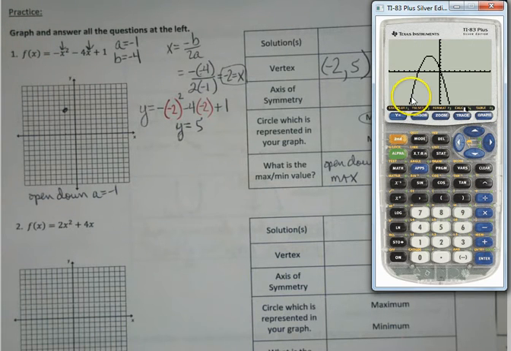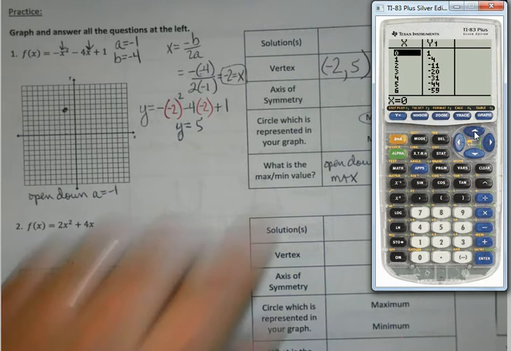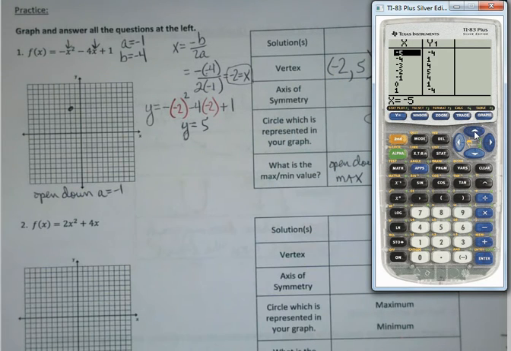So I look at my picture, I'm like, yep, it's opening down just like I thought it would before we ever looked. Looks like my vertex is in about the right place here, but let's find out. If we look at the table, if I get this -2 in the middle, I should see symmetry, and I do. If I get my vertex in the middle, I see the same numbers above it that are below it. So if that's the case, I'm just going to go ahead and plot them.